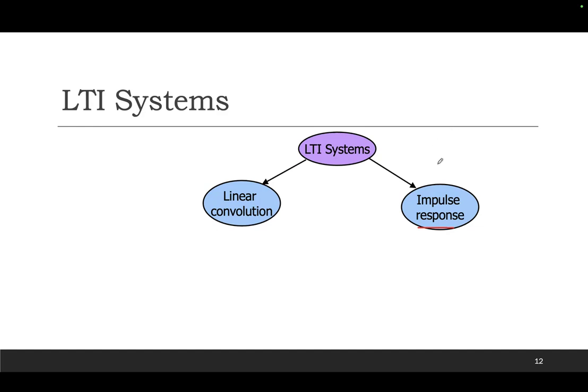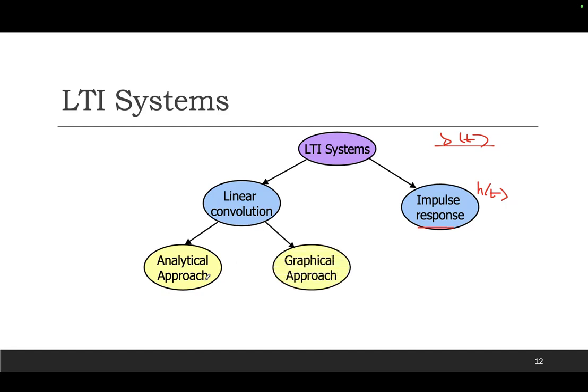Before we talk about it, you need to know what the impulse function is. The impulse response is like your input is the impulse function, and your output will be the impulse response.